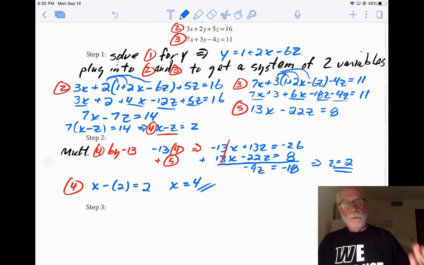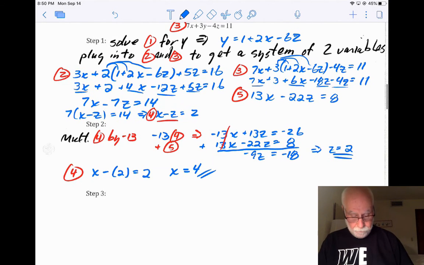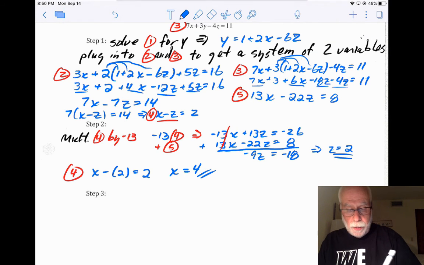And then finally, step 3, like I said before, use one of the original 3 equations. Since we have to solve for y, I'm going to use equation 1, because that already has y as a coefficient of 1.